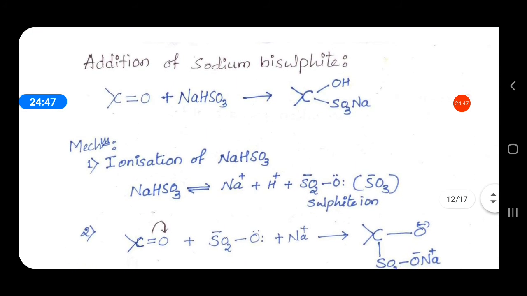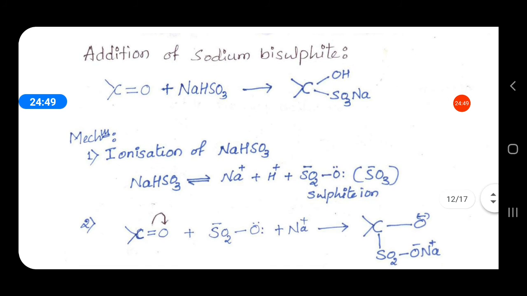Another addition reaction is nucleophilic addition: addition of sodium bisulfite, NaHSO3. So when a carbonyl group is treated with sodium bisulfite, bisulfite addition products are obtained.